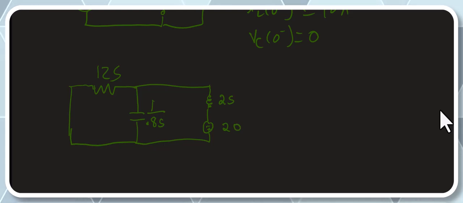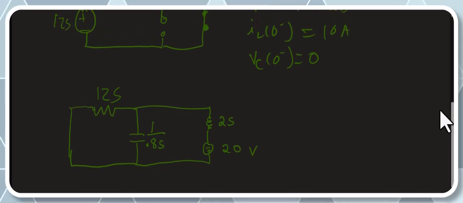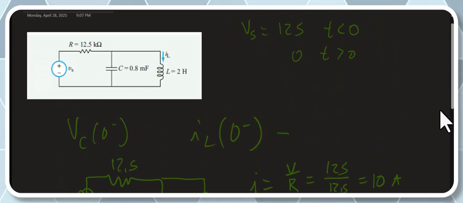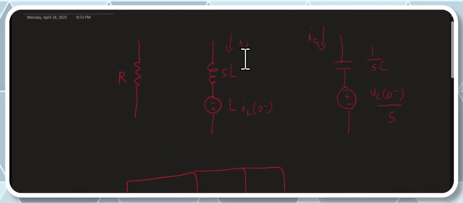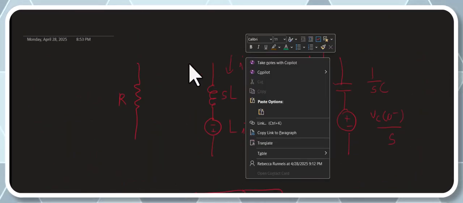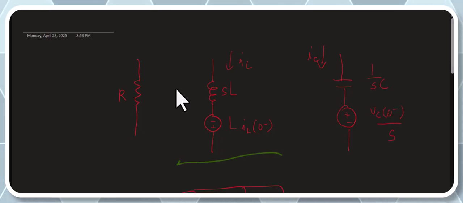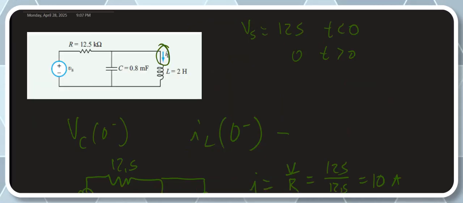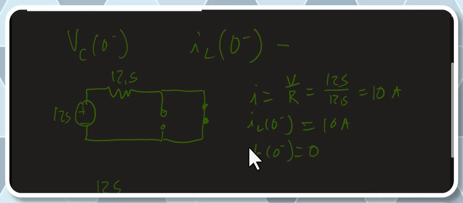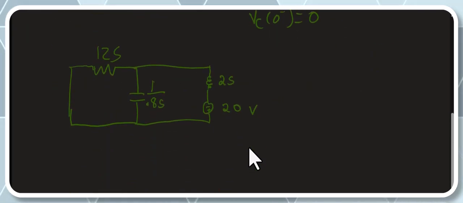Now notice the orientation, 20 volts. The orientation has the minus pointing up, and that's because of this direction of the IL. So if you look at our inductor right here, if the current is going in this direction, then it's going into the negative side of that voltage source. So now this has been transformed to the S domain.